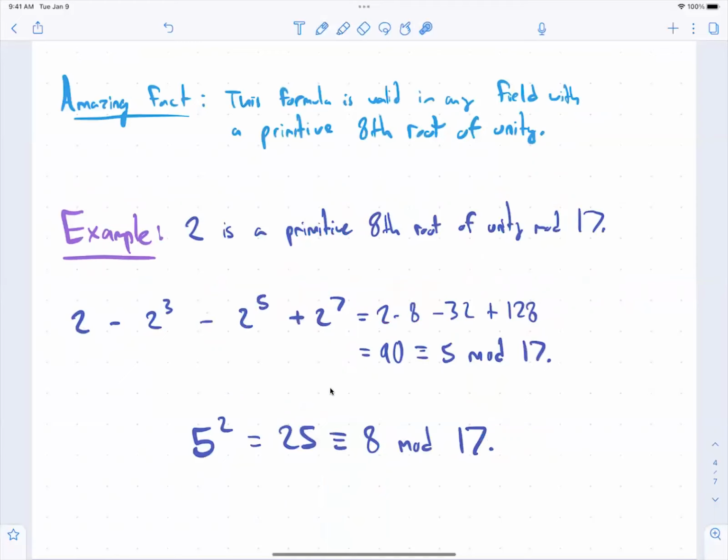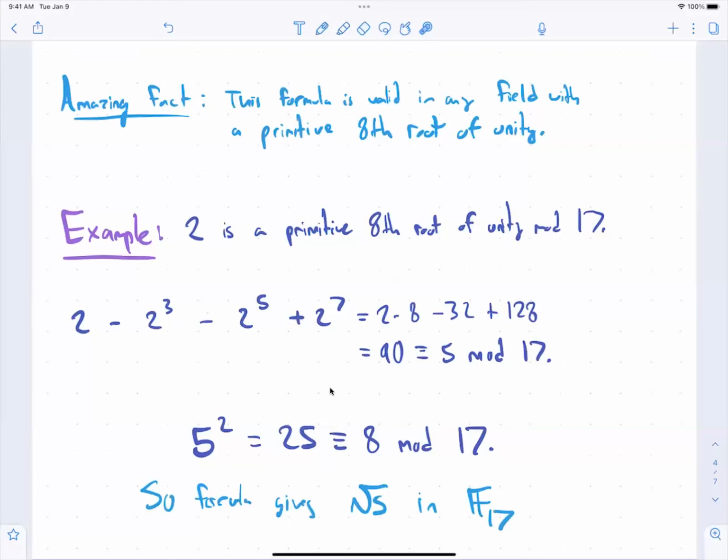You simplify that, you get 90, which is 5 mod 17. And lo and behold, 5 squared is 25, which is congruent to 8 mod 17. So the formula gives a square root of 8 in the field with 17 elements. I mean, this is completely bananas.